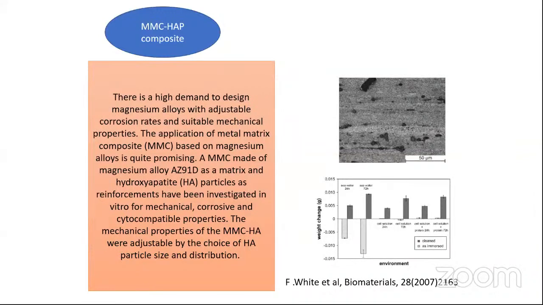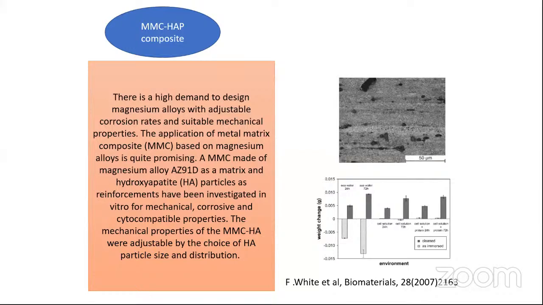There is a high demand to design magnesium alloy with adjustable corrosion rates and suitable mechanical properties. The application of metal matrix composite based on magnesium alloys is quite promising. And an MMC made up of magnesium alloy AZ91D as a matrix and hydroxyapatite particles as a reinforcement has been investigated in vitro for mechanical, corrosive, and cytocompatible properties.